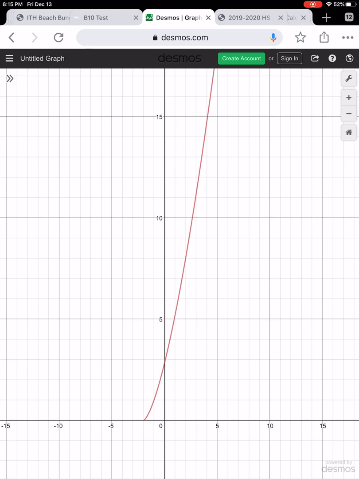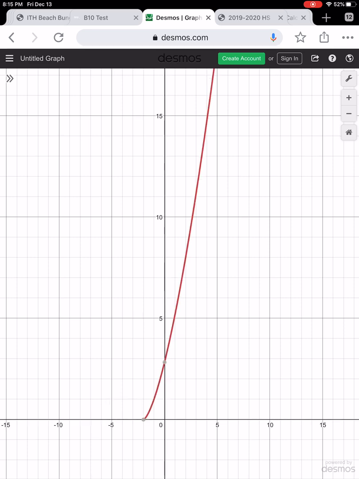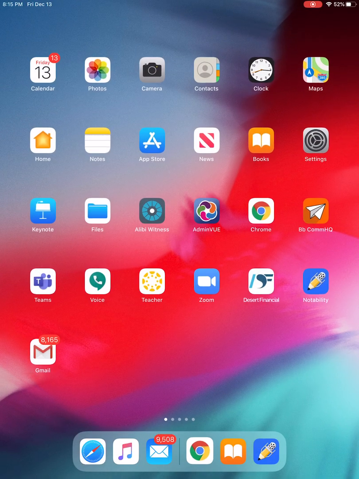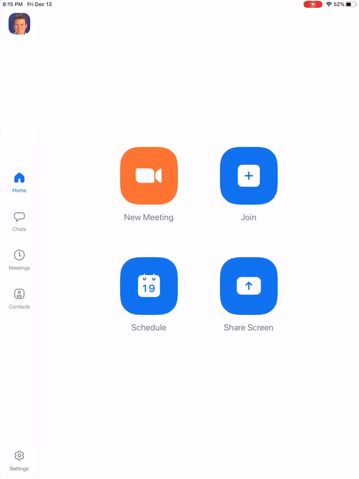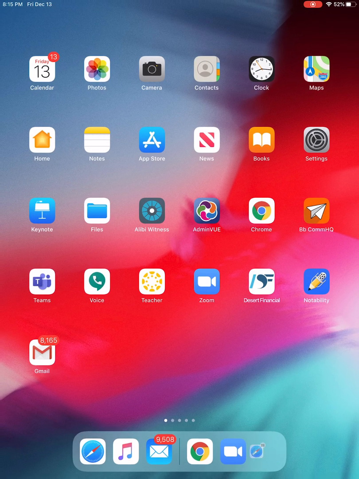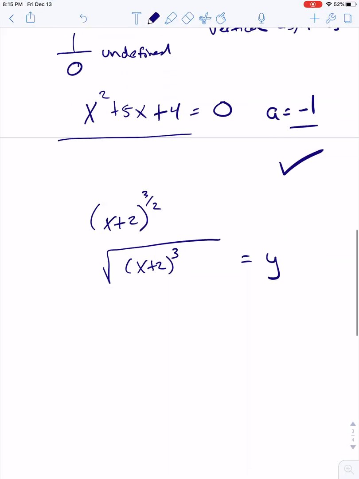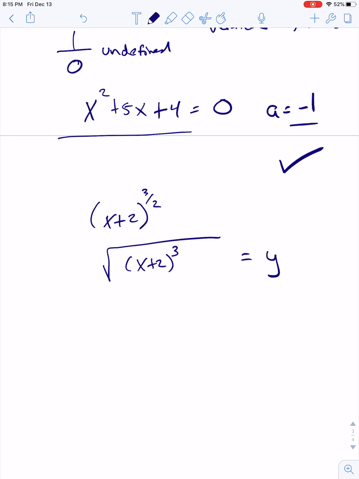So it's asking if there's an asymptote at x = -2. Graphically speaking, no. But the easiest way to look at that algebraically is to plug in -2.